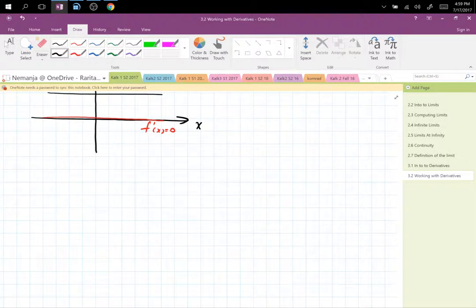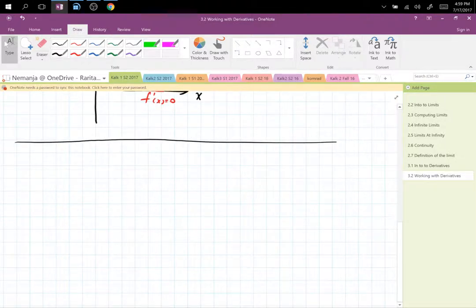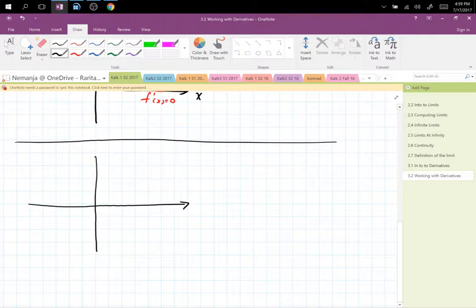But then we might have a more interesting function. Say it goes like this.